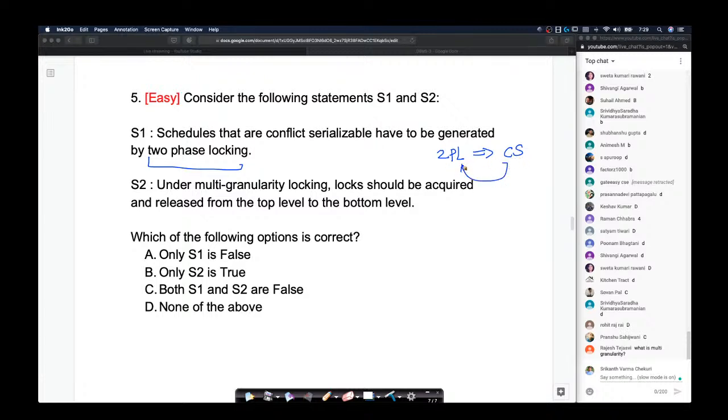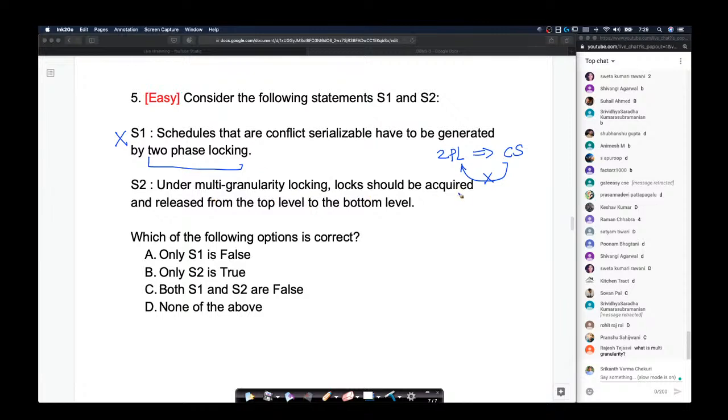It's not necessary that every conflict serializable schedule has to be generated by two-phase locking. So it's a one-way direction. So this statement is surely incorrect.